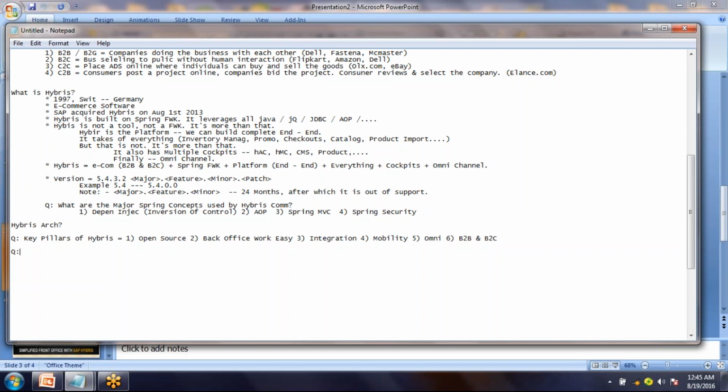Okay. Next, to understand more about Hybris, let's understand who the competitors for Hybris are. SAP Hybris is one of the solutions. One of its competitors is Oracle ATG.